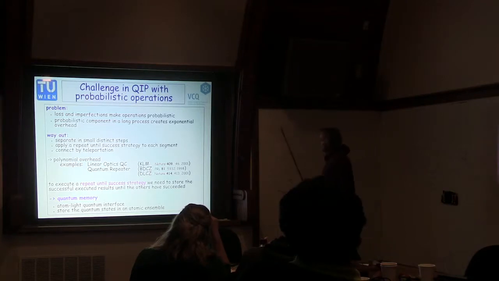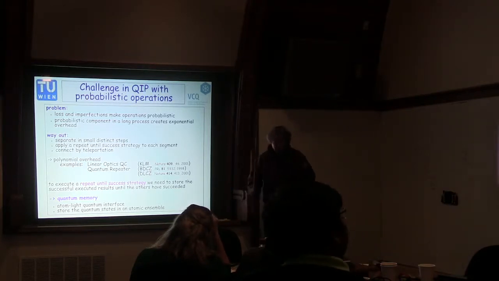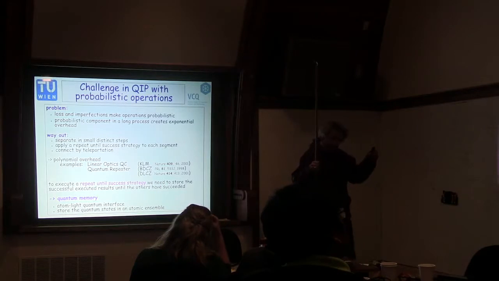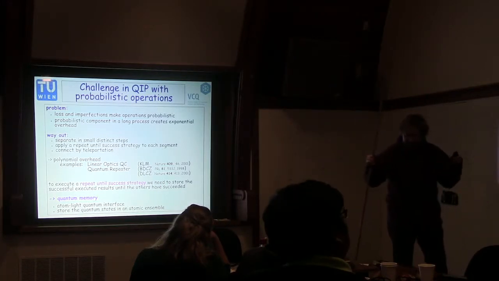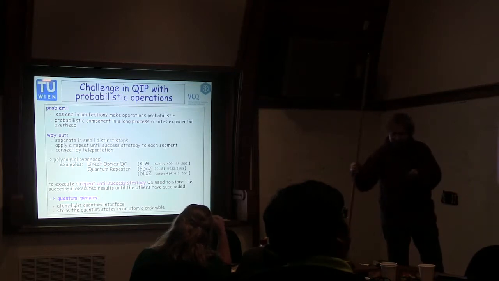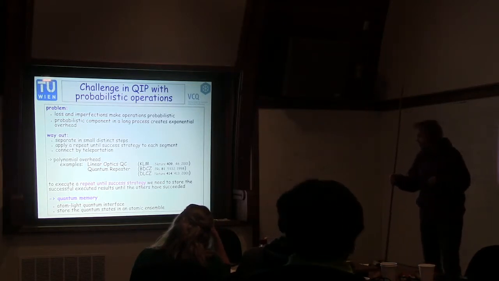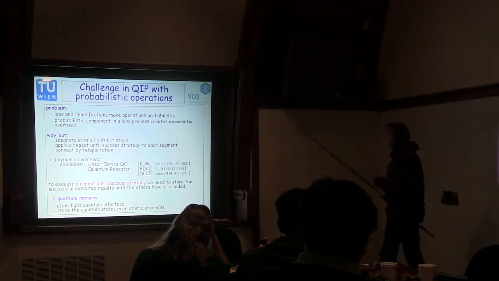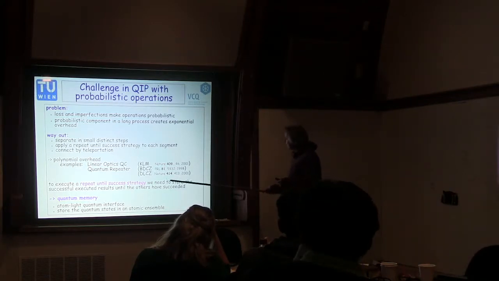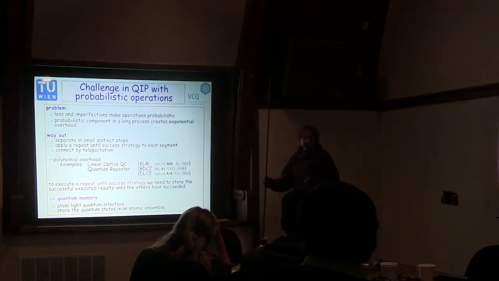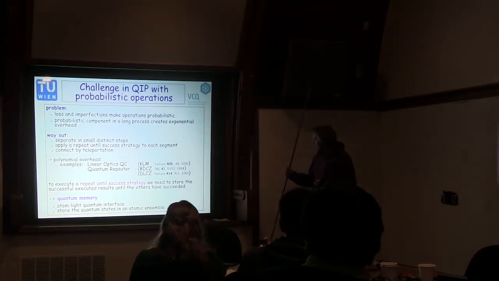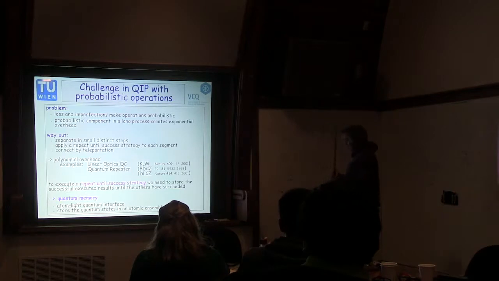The way out is usually some kind of modification of this scheme of repeat until success: you put it up in very small pieces, make a repeat-until-success strategy for each small piece, and then connect them together. That's true for these two types of quantum repeater, but it's also true for linear optics quantum computation, based on the Knill, Laflamme, and Milburn scheme, which came out roughly about the same time as the DLCZ scheme.